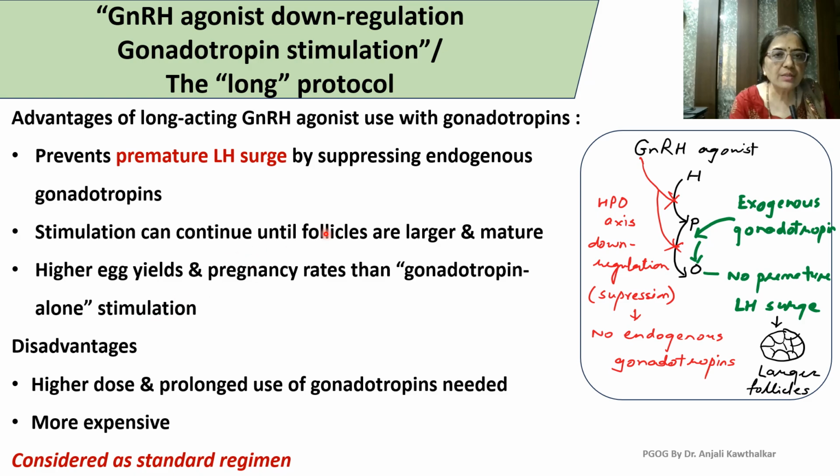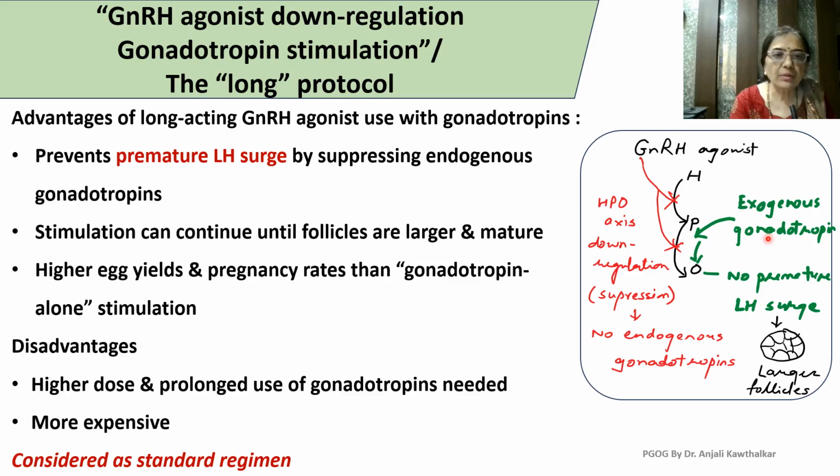Disadvantages of using this long-acting GnRH are that a higher dose of the gonadotropins is required, and prolonged use of gonadotropins is needed, because as we have already seen, GnRH agonist is leading to HPO axis down regulation, so that the hypothalamus, pituitary, and ovary are all less sensitive to the exogenous gonadotropin. The ovary will be less sensitive to exogenous gonadotropin.